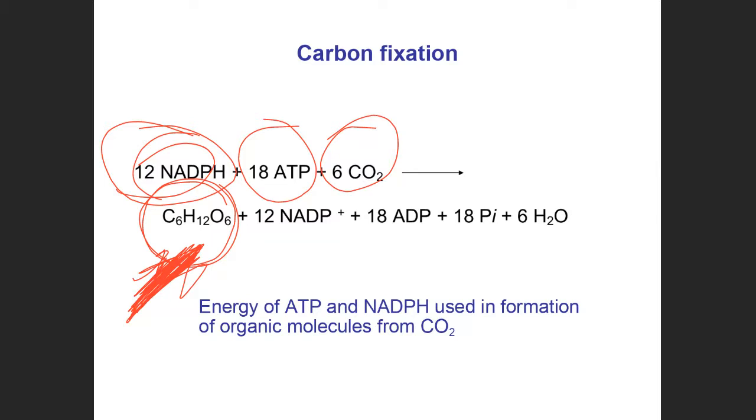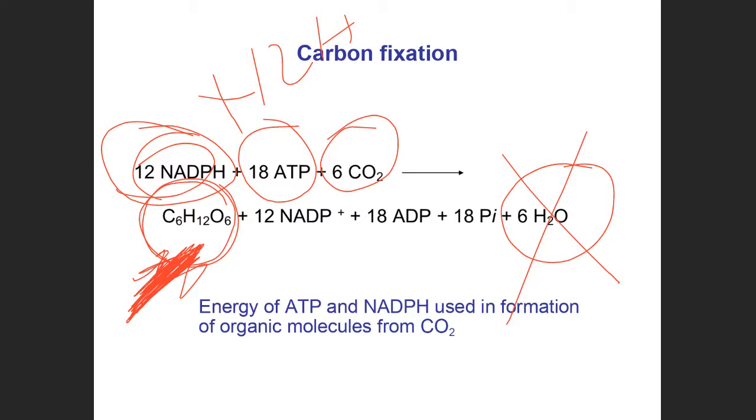And remember that I also produce 6 water, but I'm using 12 molecules of water, so I'm not going to talk about the 6 molecules of water that are produced in the end, because I'm going to talk only about using 6 molecules of water.